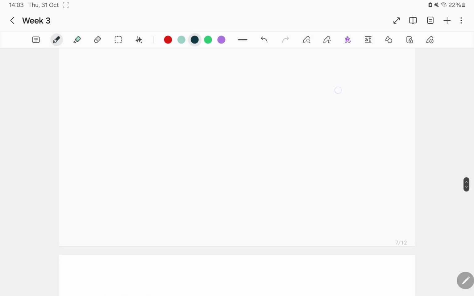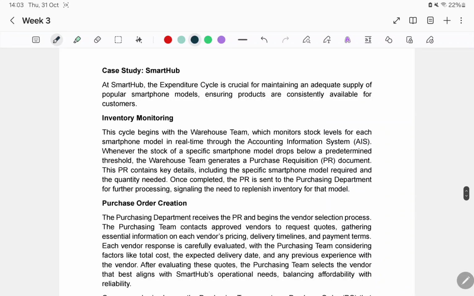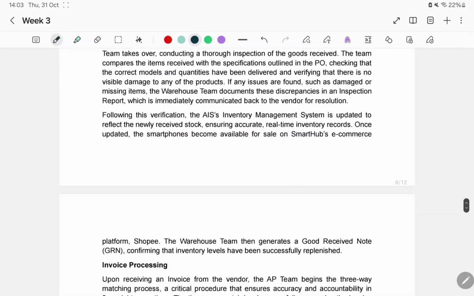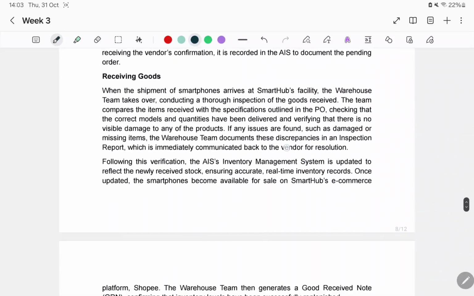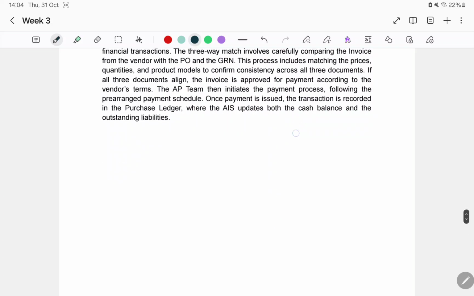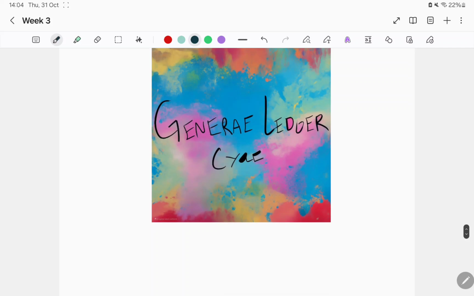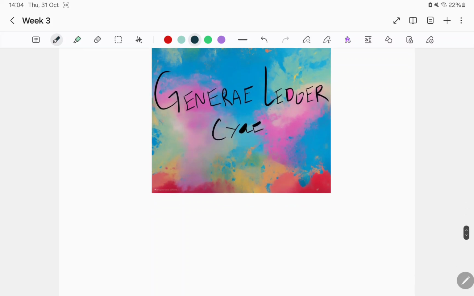We will look at the case study over here, but since we have used a long time to discuss the case study, by this time the case study will be shorter, right? Let me finish up the theory part, okay? Because the general ledger is very simple, very straightforward.